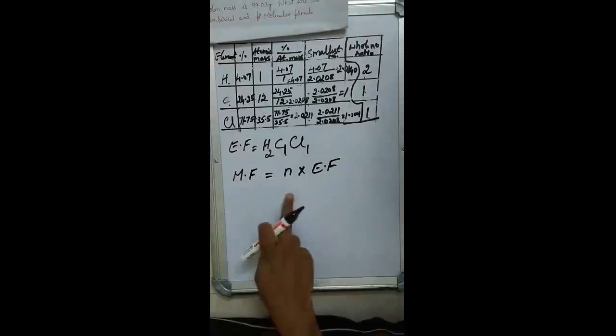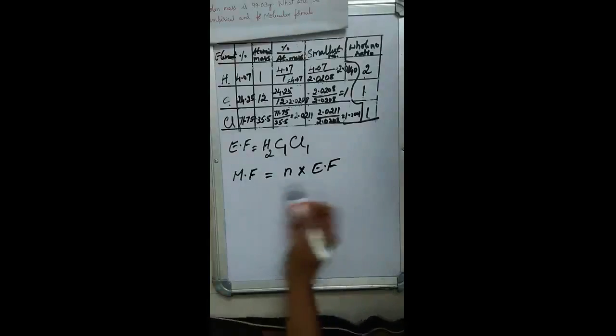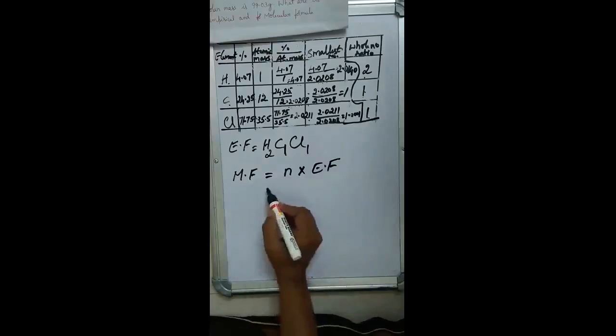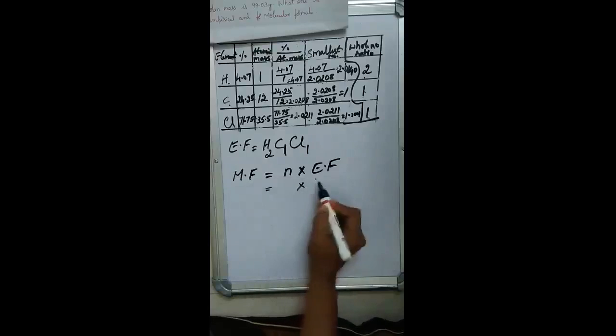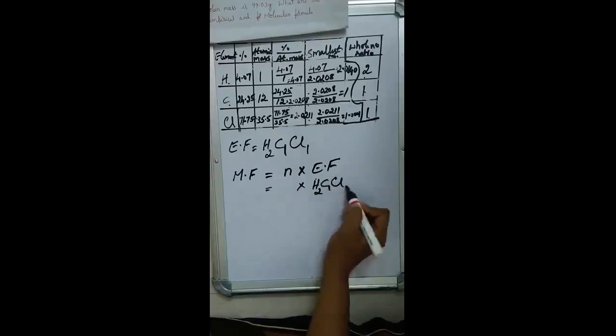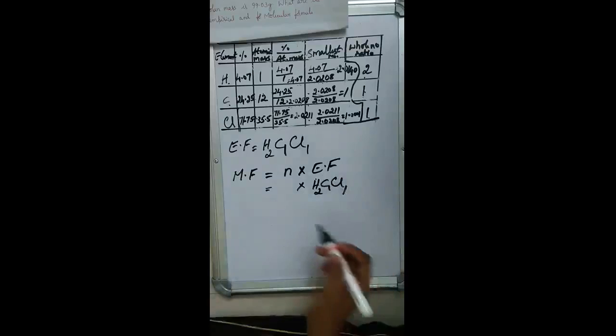That is, molecular formula is equal to N into empirical formula. Here, the empirical formula I can write as H2 C1 Cl1. Now, what is N?